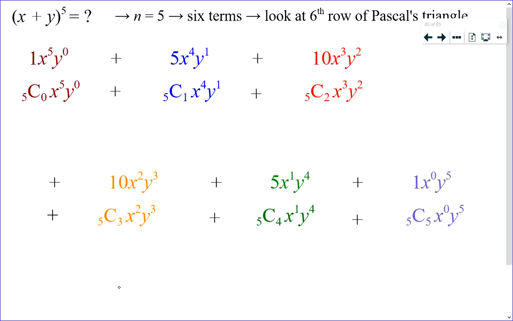Thereby eliminating the need to look at Pascal's triangle. If it's x plus y to the 12, I don't have to build Pascal's triangle down to the 13th row. It's going to get monstrous. I can just say the first number will be 12 choose 0, then 12 choose 1, etc. I already showed this to you when we reviewed at the beginning of class before we went over the problems that you had.